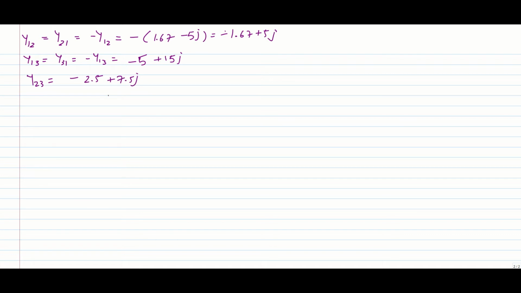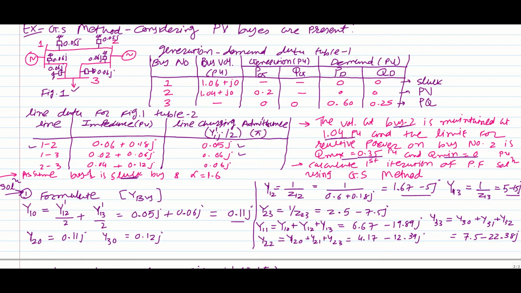Okay. Now, after calculating all the parameters for the bus admittance matrix, the next step is you have to calculate the net active and reactive power at each bus.